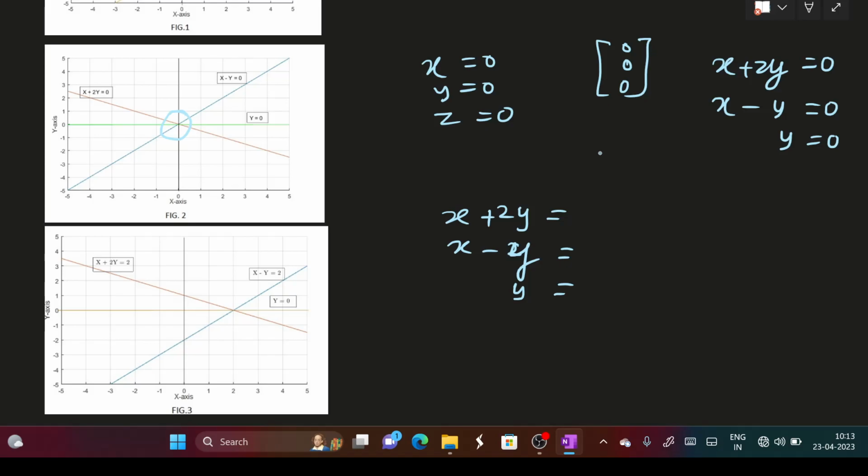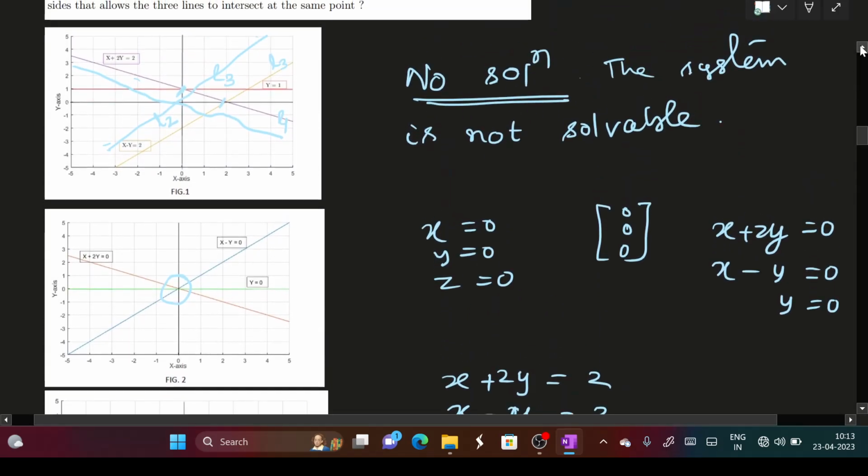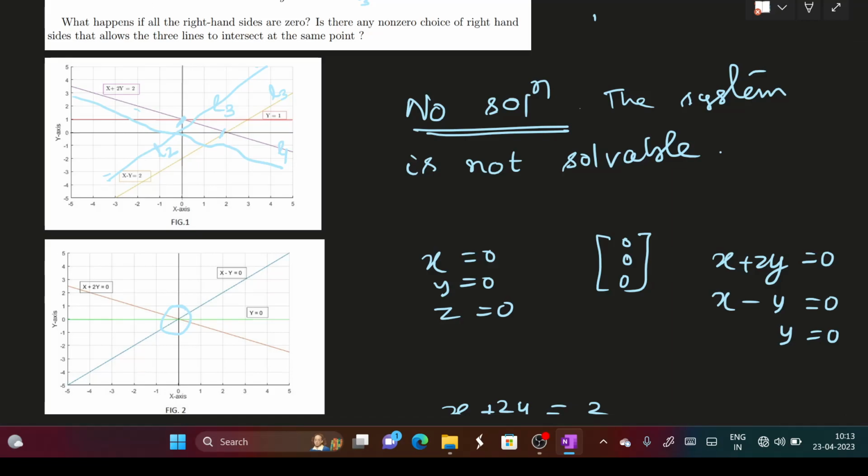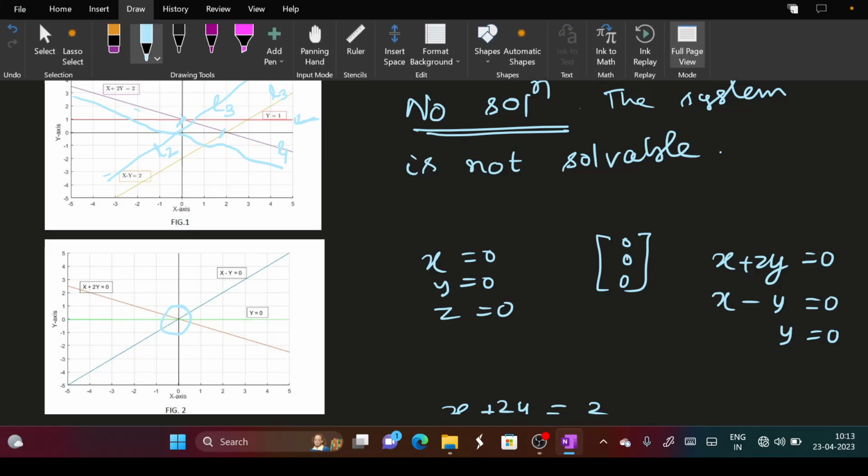If this y is equal to 1, I change it to 0. Previously it was 1. If this 1 is made 0, then in the first picture, this red line y is equal to 1, that is L3, will move to the x-axis. It will become the x-axis. Hence, it has solutions.